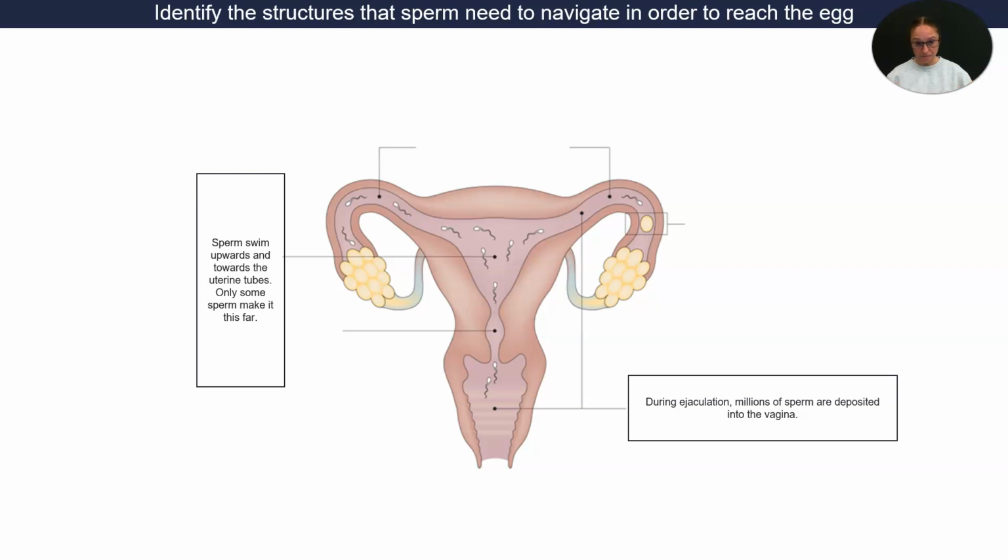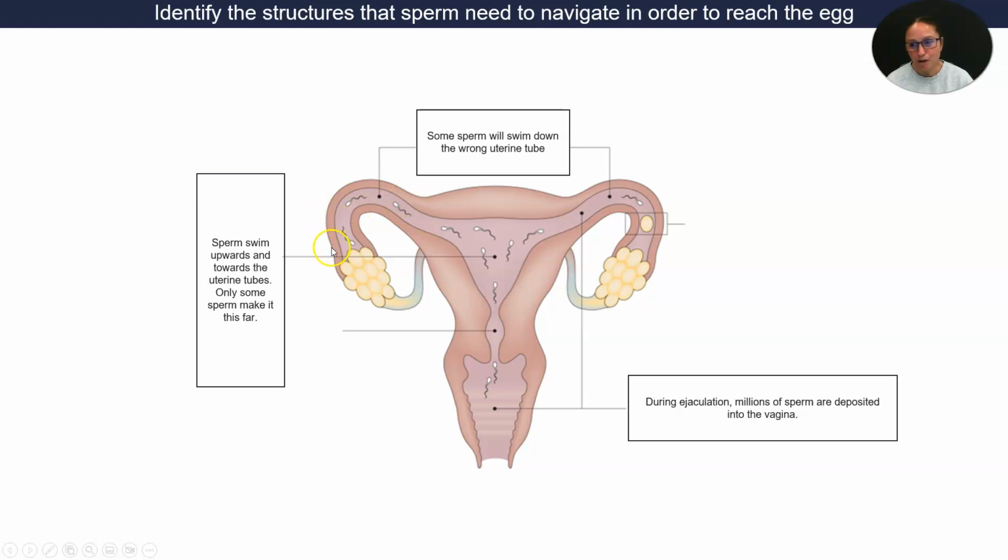Only some sperm will make it that far. Will only make it this far in. Then some sperm will end up swimming this way, which is towards the ovary that did not ovulate. So they'll end up getting there and figure out that there's no egg.